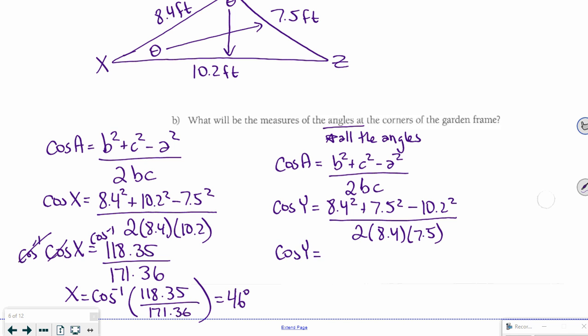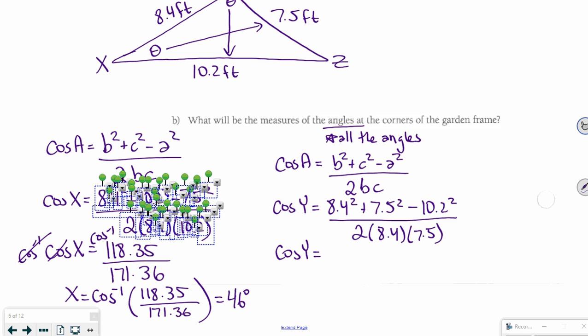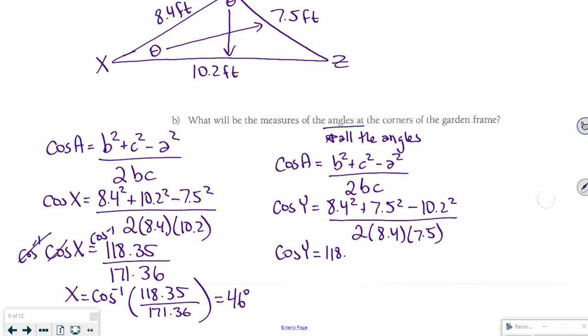So cos Y is going to equal 118.35 divided by 171.36.